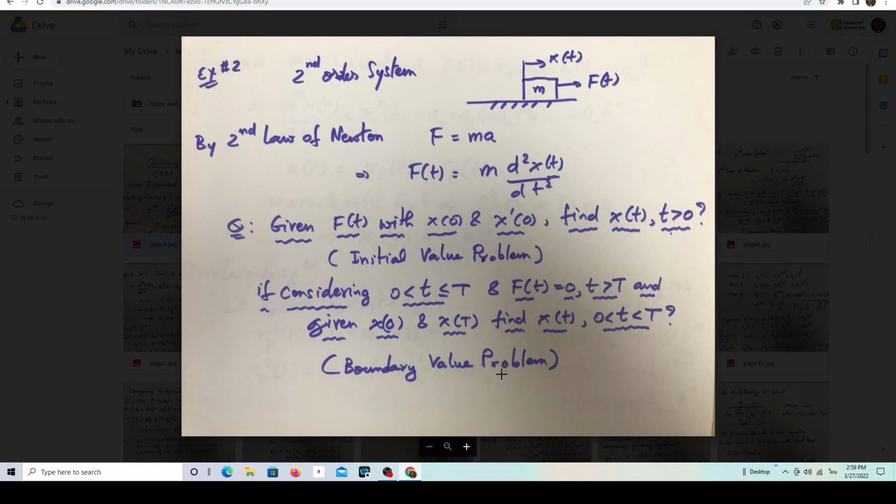We call it a boundary value problem because we give the condition at the start of the domain and also at the end point of the domain, and you only consider the response or solution within that range of the domain.